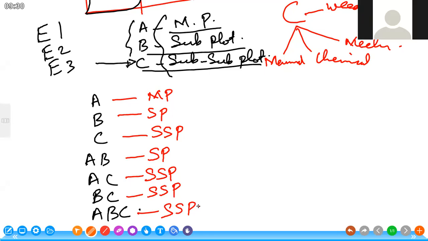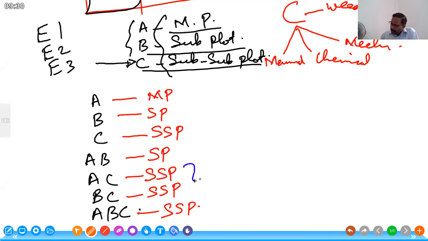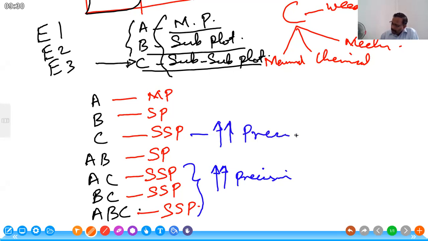You see, when you estimate these values, this is high precision. Then what is the next precision? Next highest precision? AB and B. So 3 precision levels.